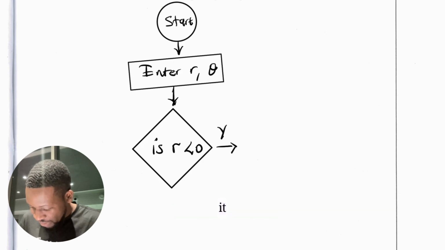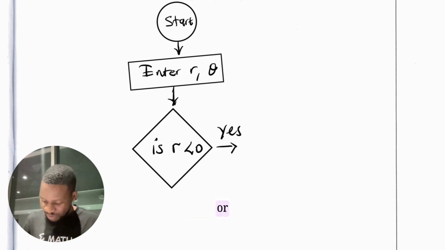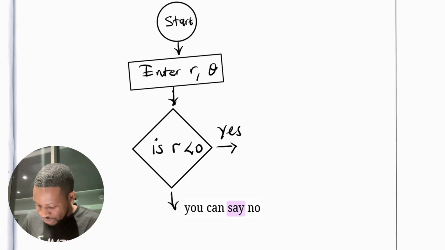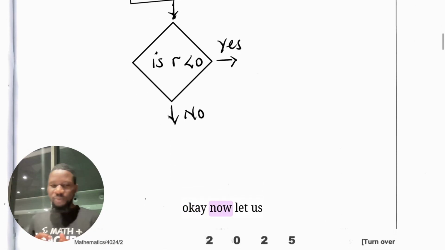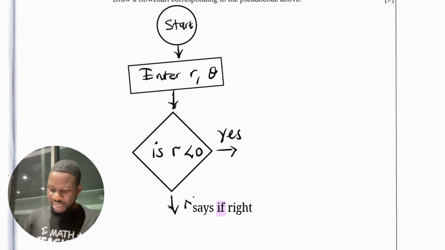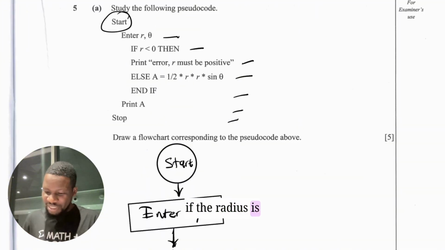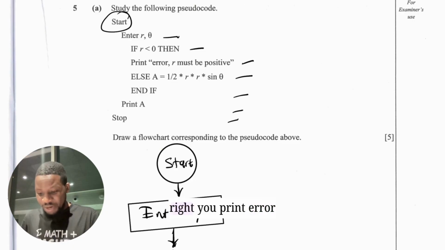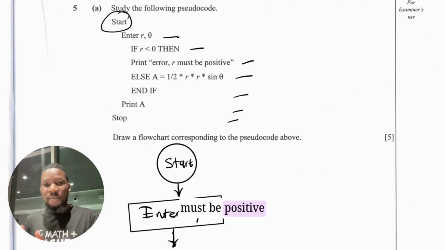It's either you have yes, it is less than 0, or you can say no, right? No. Okay. Now let us go ahead and read again. So the question says, if the radius is less than 0, then you print error, right? You print error. You say radius must be positive.